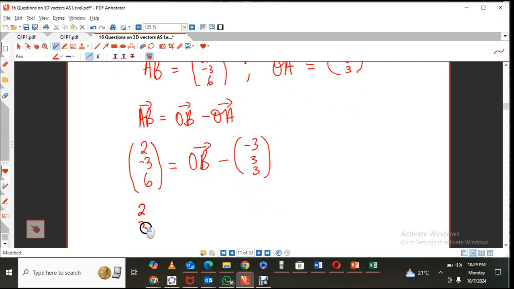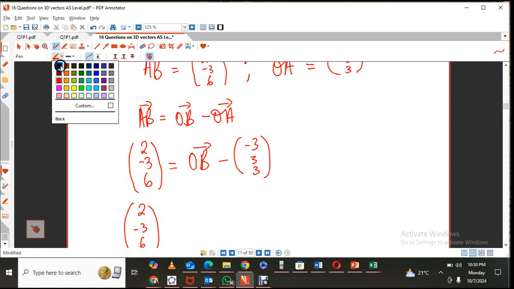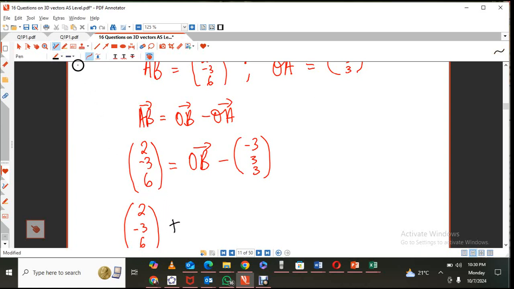So that's 2, -3, and 6. And I'm going to add it with the other one here, which is -3, 3, as well as 3. And that's going to give me vector OB. So therefore, vector OB is going to be, when you add it, 2 plus negative 3 is negative 1.